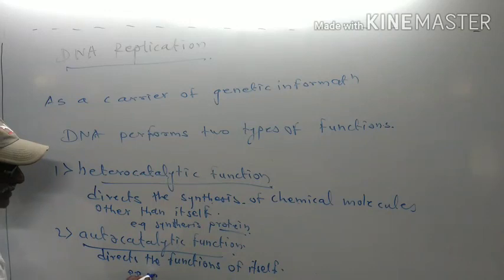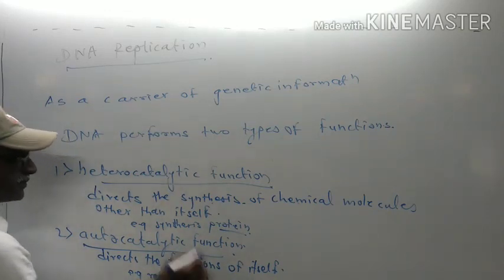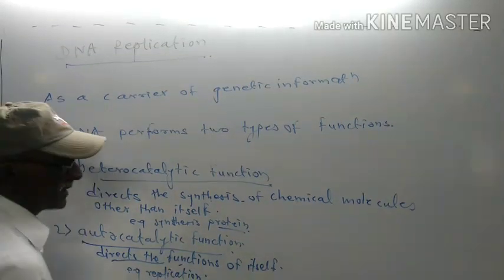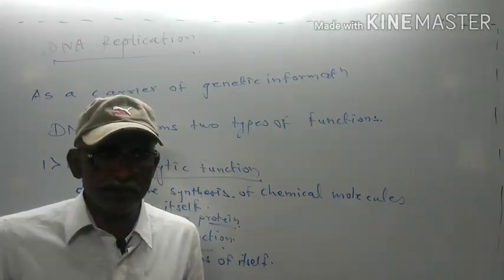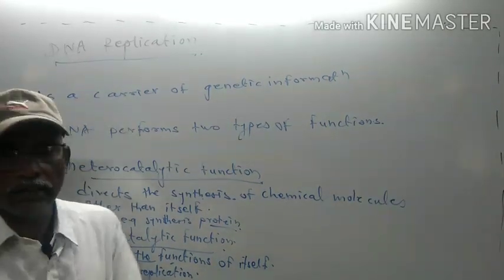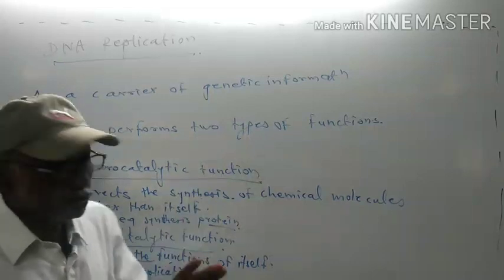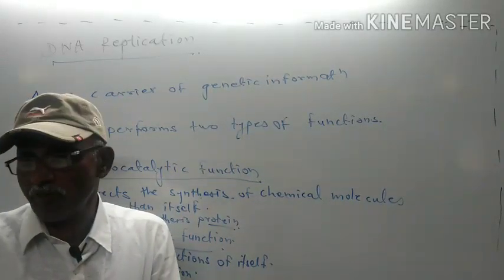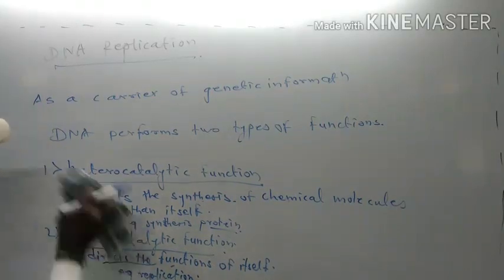Example, replication. The function directed by DNA when it duplicates itself is called the autocatalytic function. So these are the two types of functions performed by DNA. Now we will see the replication process.